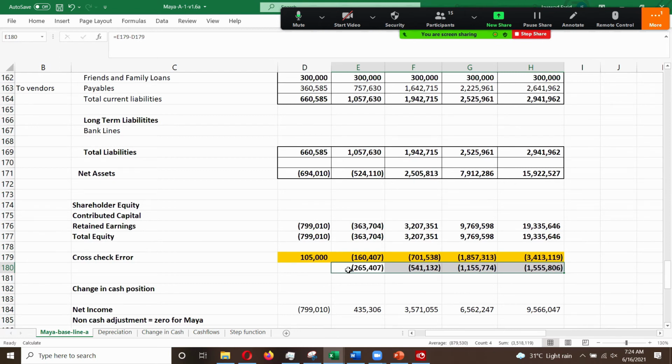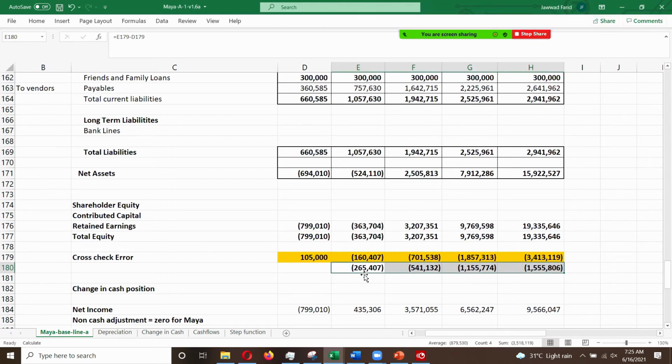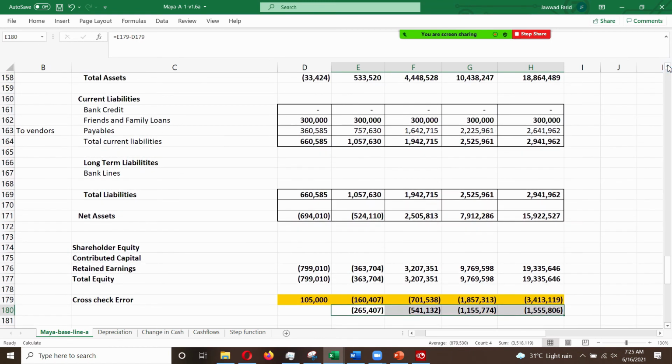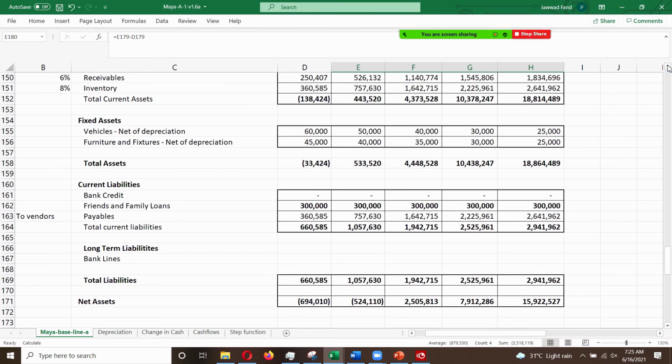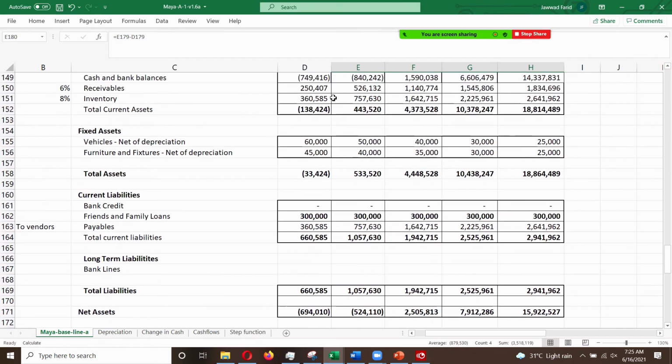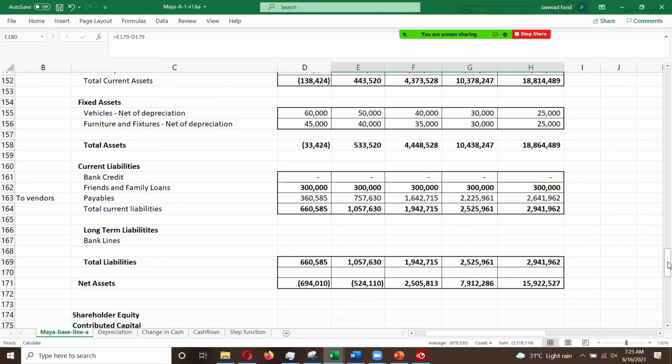Can you guess where this is coming from? So look at this number, 265,407. Does this look familiar? Look, there you go. It's not completely there, but it's 250,407, 526,132. So that's one component. That's a large component.